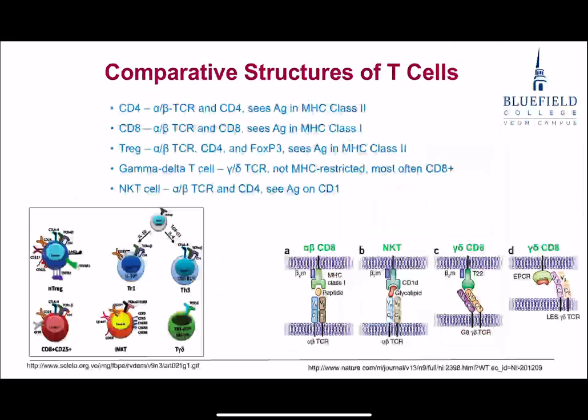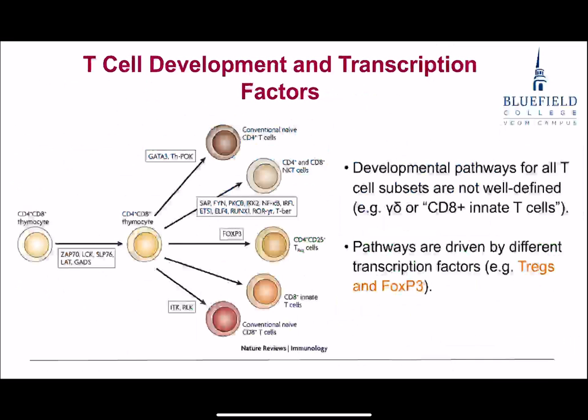All right, so your T cell development is all driven by your transcription factors. Whether it's cytokine binding, or interactions with those stromal cells in either the bone marrow or the thymus, you're turning on different transcription factors that drive that differentiation pathway.